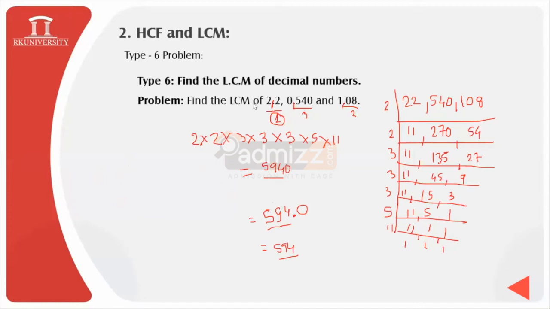Okay, I will repeat the process once again on a very special request by one of our students. See, the first step is quite simple. We will find the LCM of the given values, not considering the decimal points. We will neglect the decimal point, and then we'll find the LCM. So in this case, we will find the LCM of 22, 540, and 108, and the LCM value turns out to be 5940. But since it is a case of LCM of decimal numbers, what is step number 2?